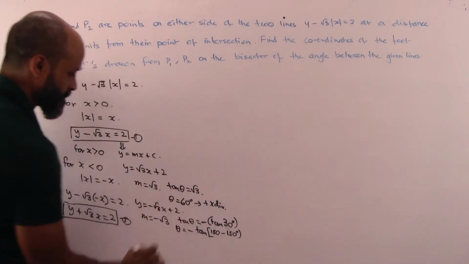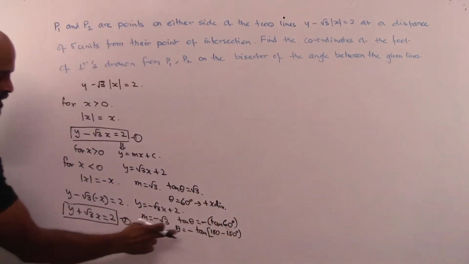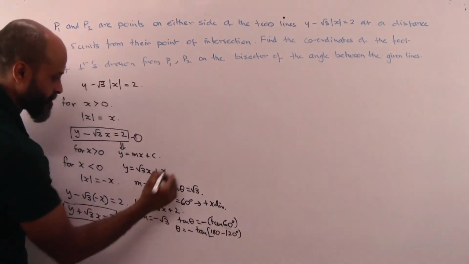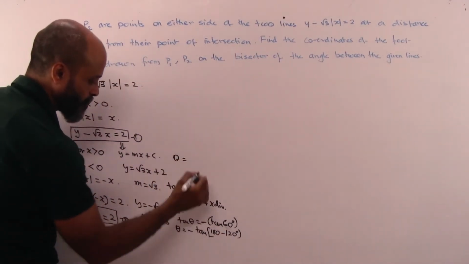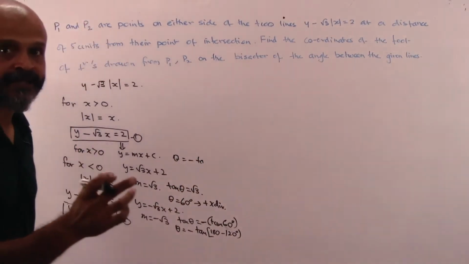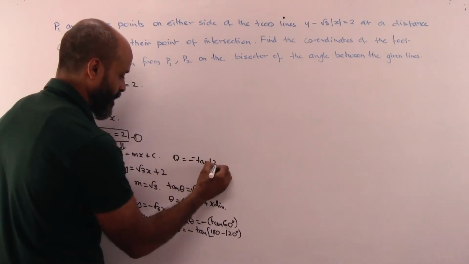I am so sorry, for m = √3 this will be tan 60, and this will also be tan 60. So here it is tan(180 - 120). So tan(180 - θ) is -tan θ, so -tan 120 degrees.